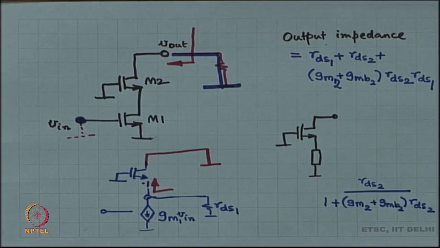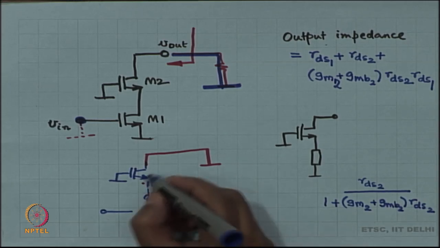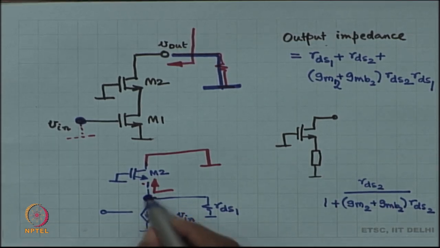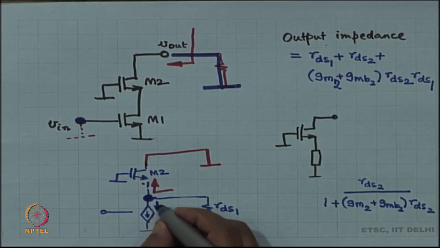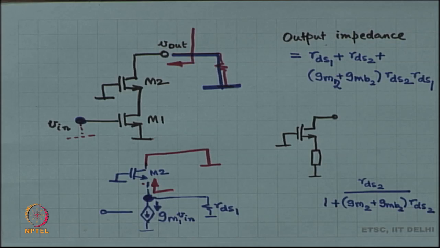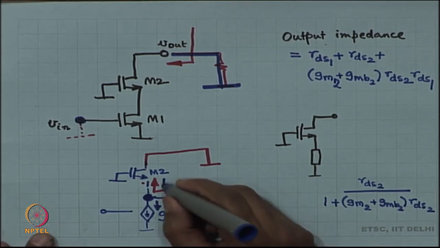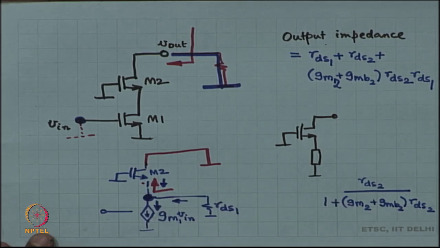Okay, this is the impedance that you see looking into the source of M2. So, how is current going to divide? This current is going to divide into two pieces. One portion is going to go out through RDS1 and another portion is going to come through M2.